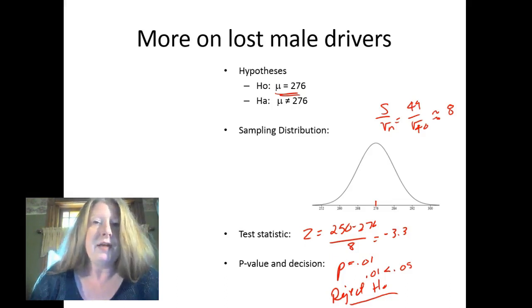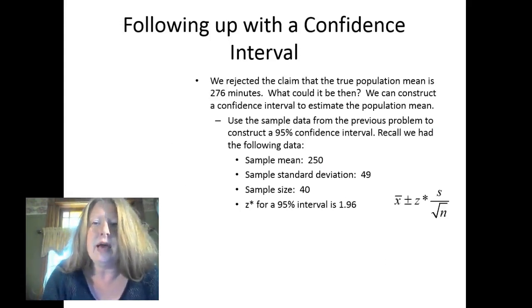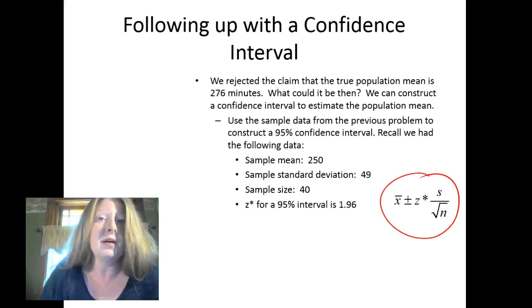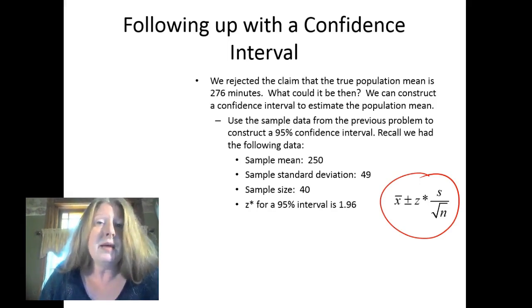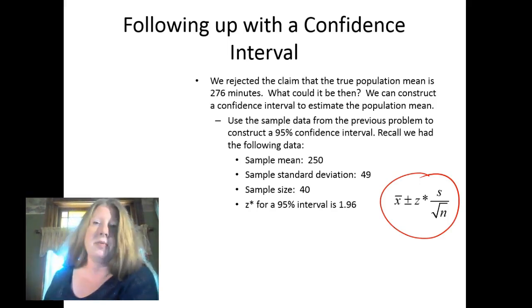Hopefully you're thinking that we could construct a confidence interval. We can take our sample data and construct one now. How would we do that? Remember this formula. We have all the information, so we could easily plug numbers in. Sometimes a hypothesis test will be followed up with that. If you reject the null and you want to estimate what's actually going on in the population, you can do that with the confidence interval.